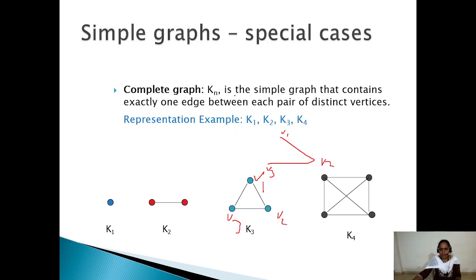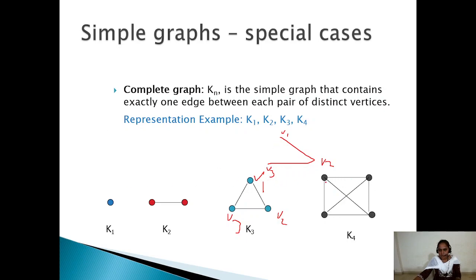See, the definition: a simple graph that contains exactly one edge between each pair of distinct vertices. It means this is one vertex, this is one vertex, this is one vertex: V1, V2, V3. Here all vertices are connected to each other. This is the complete graph. See, this is the incomplete graph.